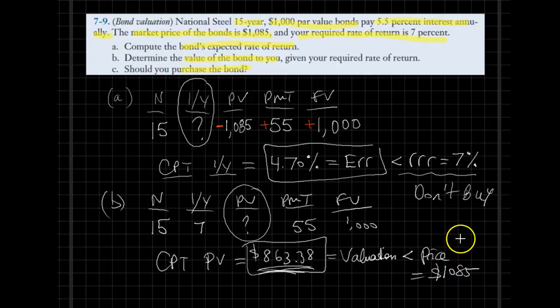And again, by just comparing your valuation with the market price, we come to the same conclusion. This bond is overpriced for this investor, so this investor would not be interested in buying this bond, so definitely do not purchase the bond.